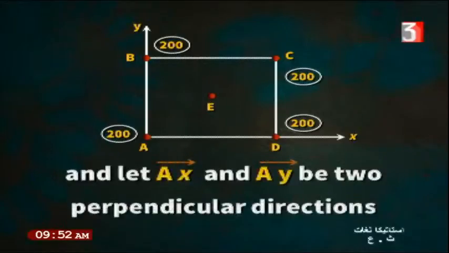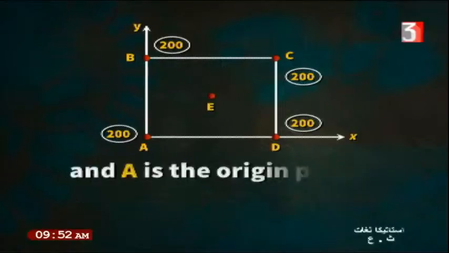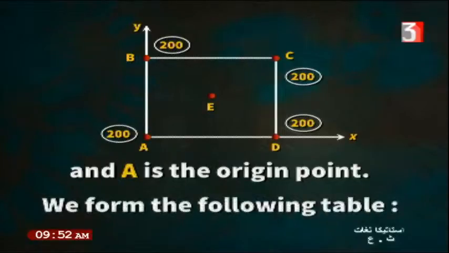Let AX and AY be two perpendicular directions, and A is the origin point. We form the following table.